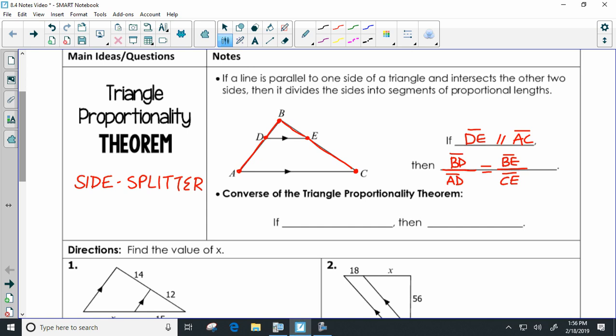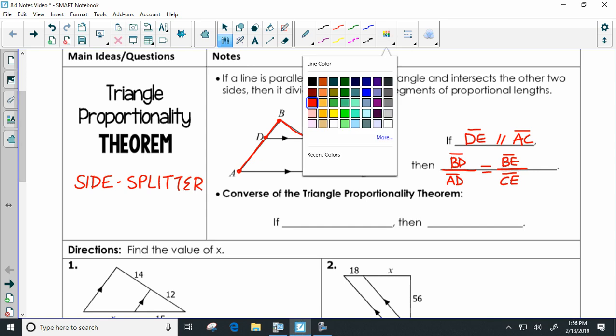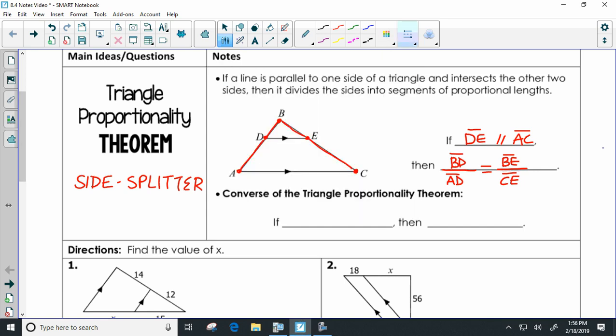The converse of that is also true. Just so you know, a converse switches your if and then statements.